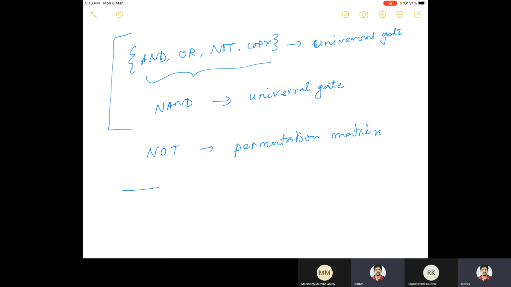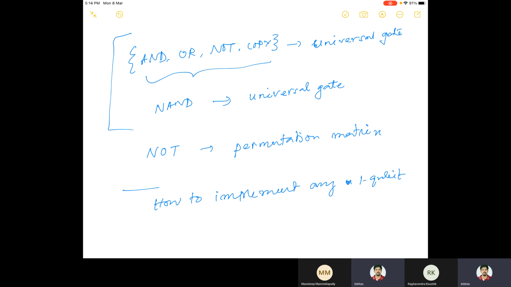So anyhow, how can you implement any unitary, so any one qubit gate, let's say, any 2 by 2 two-dimensional unitary matrix?